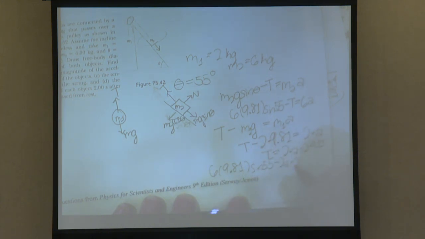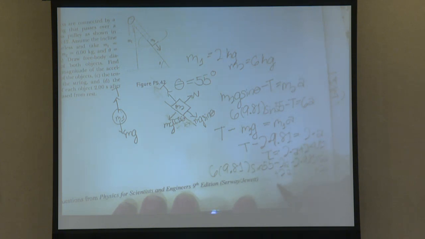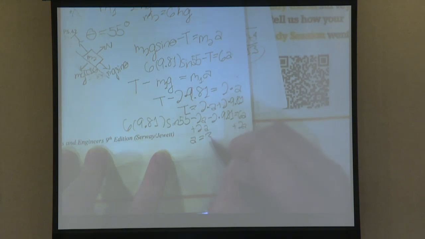So you have 6 times 9.81 times sine 55 minus 2a minus 2 times 9.81 equals 6a. And then solving, you can add 2a to both sides. And when you solve for a, you should get a is equal to 3.57 meters per second squared.